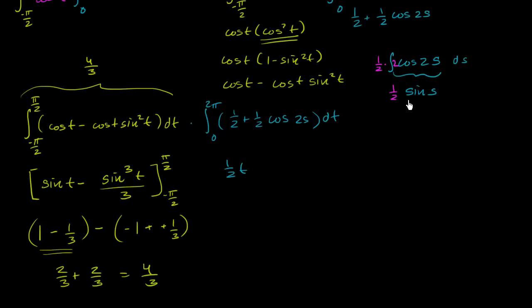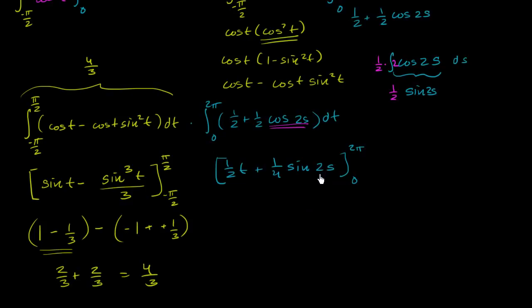So the antiderivative of cosine of 2s is 1/2 sine of s. And so you have this constant out front. 1/2 times 1/2 is 1/4. So it's going to be plus 1/4 sine of 2s. That's the antiderivative. And now we're going to evaluate it from 0 to 2 pi.